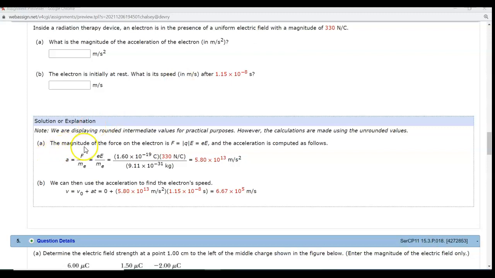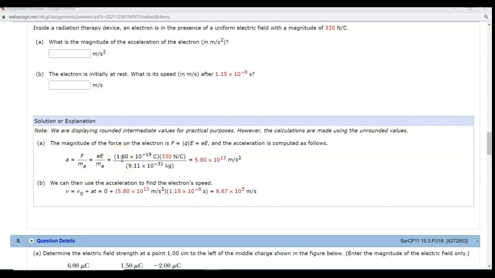Okay, so let's look at the magnitude of the force on the electron: F equals Q times E, which is equal to little e times big E. The acceleration can then be found as F over me, or little e times big E divided by me.